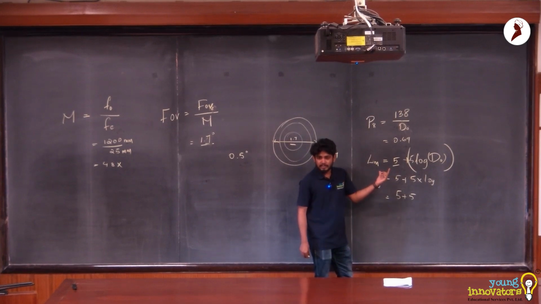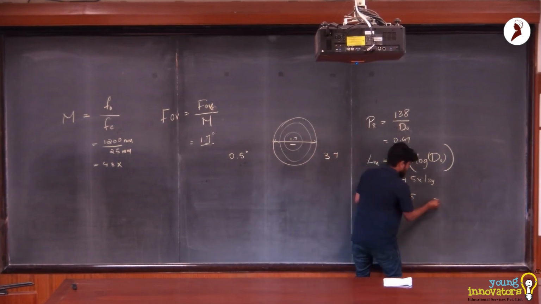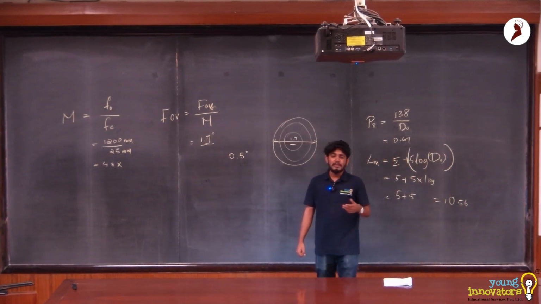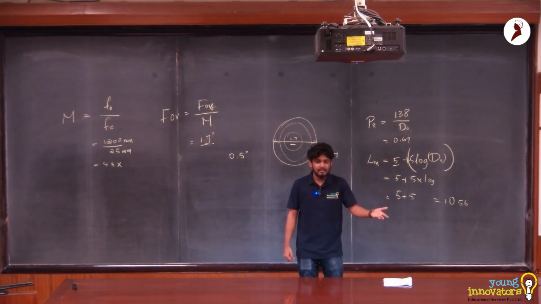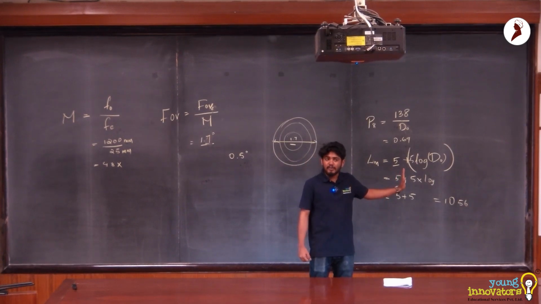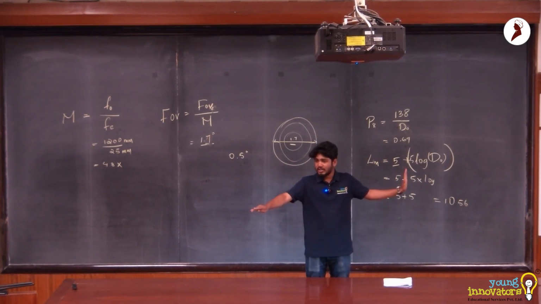You get 10.56. Fine. 10.56 is basically the limit your telescope can see. Anything fainter than 10.56 magnitude, your telescope is not able to see.